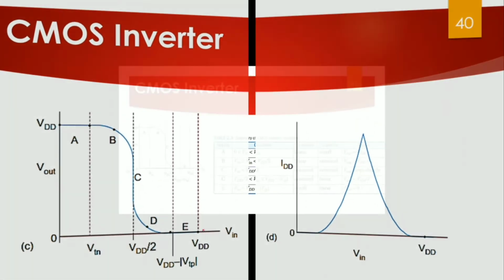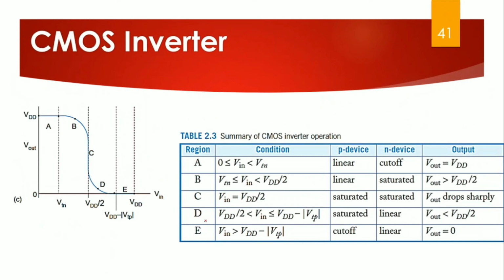And reaches 0. Okay. So coming to this characteristic, in this table they have summarized in which region what is the operation. In region A, P device is linear, N is in cutoff. At this point, the output is equal to VDD. In region B, the input voltage is in between the threshold voltage and half the applied voltage.